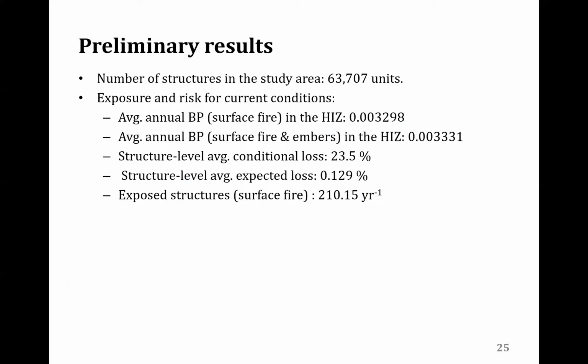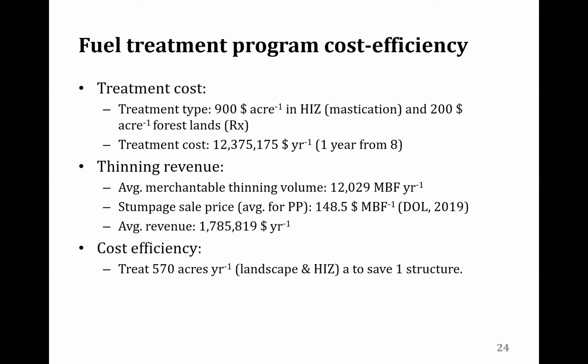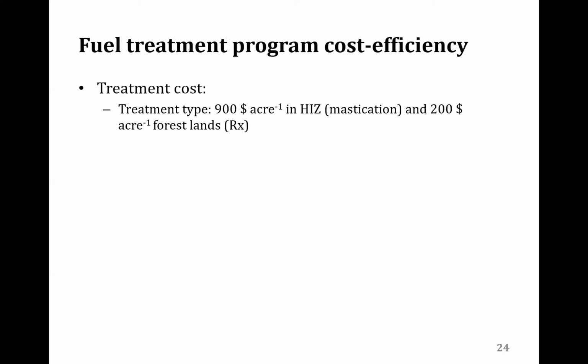And it was 100 meters. So I used 100 meters because the model used to predict the conditional loss was considering this buffer. But if you go to the references, you will see that it will go between 30 to 60, according to Cohen 2008.